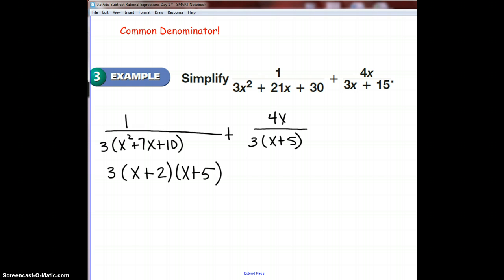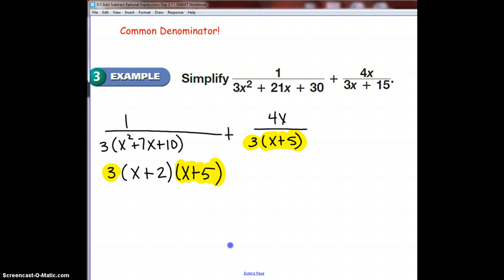Alright, so here's what you do when you go to add this stuff. It's just like when you add common denominators on regular fractions, guys. You've got to make the denominator the same. As you notice, both of these fractions have a 3. Both of them have an x plus 5. And all we need to do is change this one right here to one that has a denominator of also x plus 2.